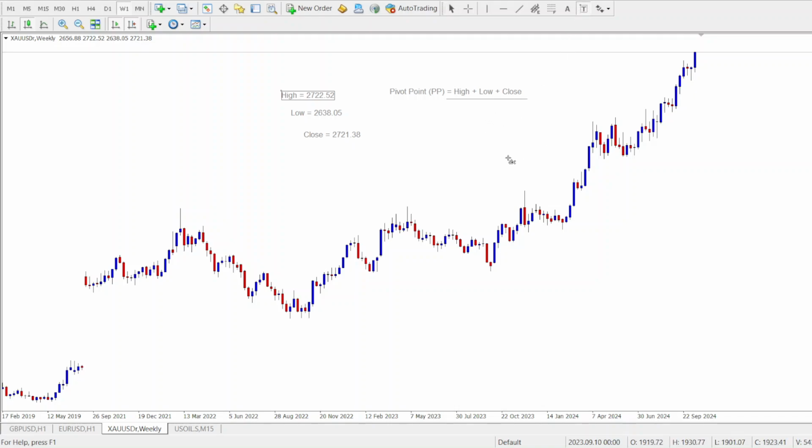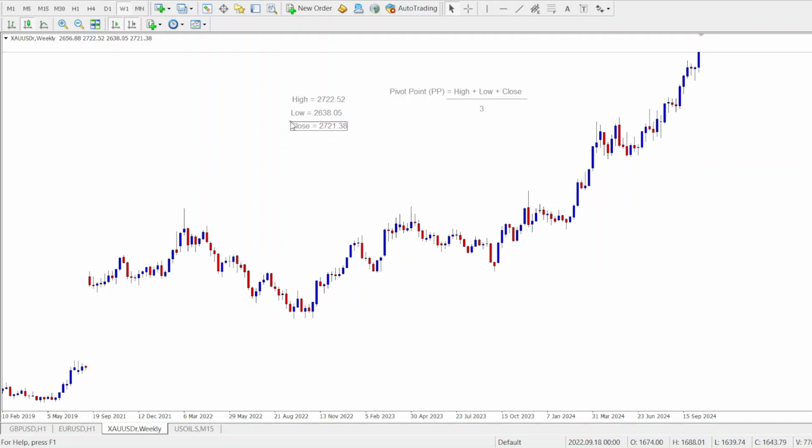We're simply finding the average of the high, low, and close. That is what gives us the pivot point.